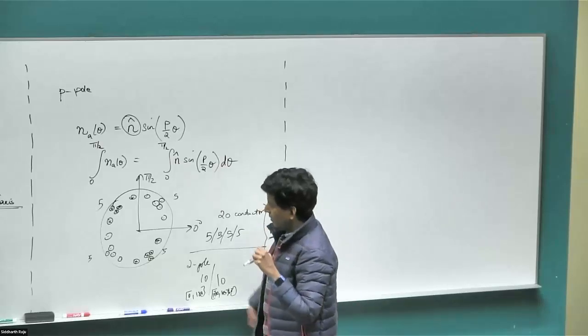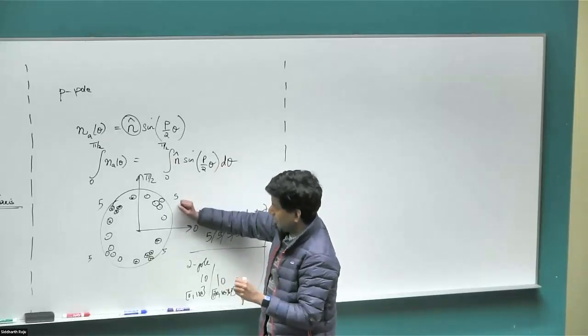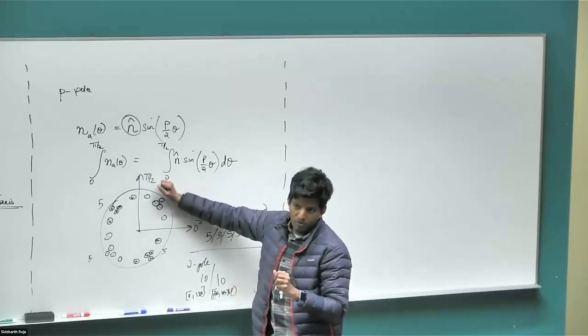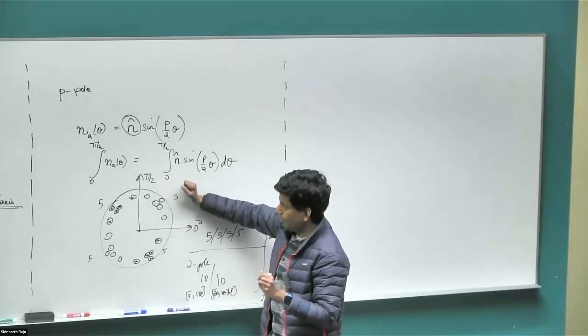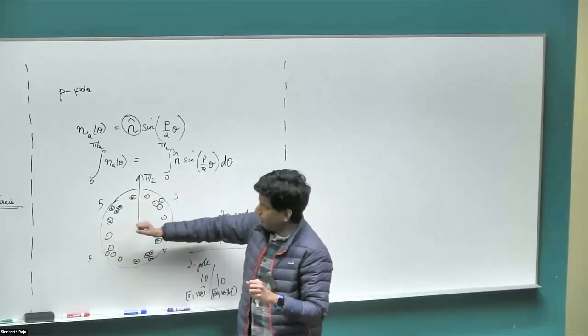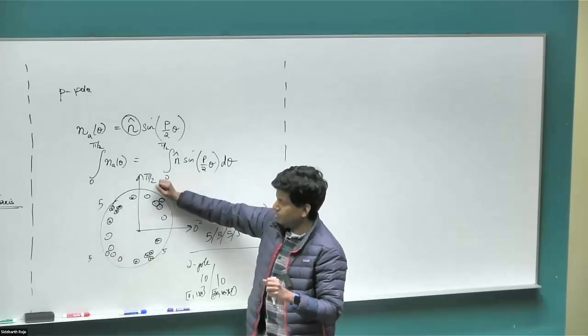What I'm basically doing is looking at one set of poles and integrating only the positive conductors for that particular pole. In a two-pole motor, we did this integration from 0 to 180 degrees. In a four-pole motor, we are doing this integration purely from 0 to pi by 2.